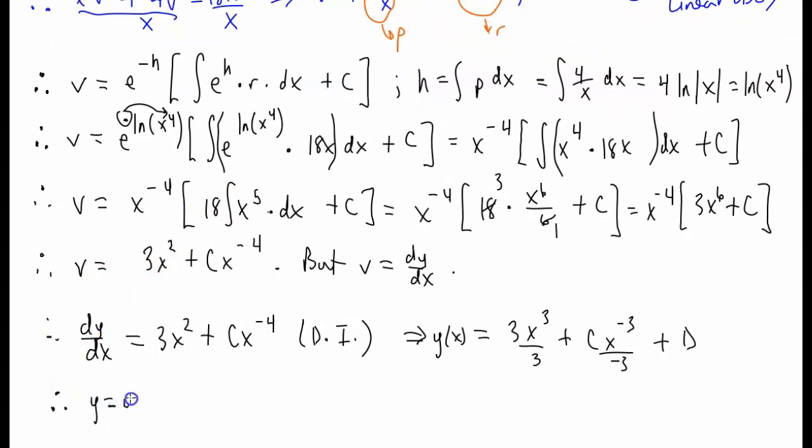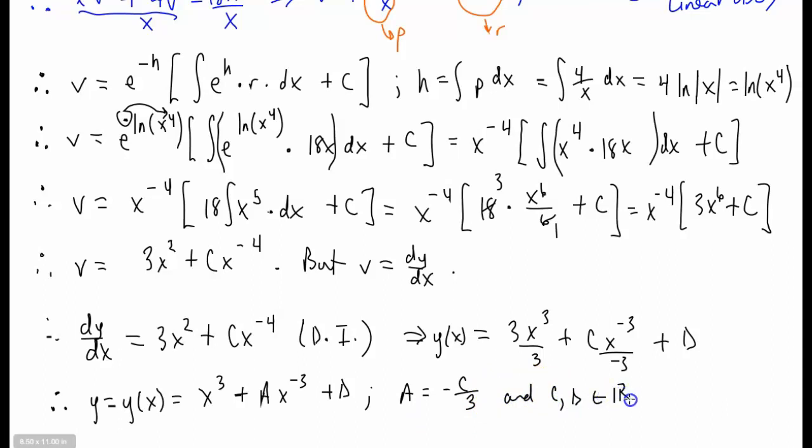So y, which is a function of x, is going to be x cubed plus, I'll say a here, x raised to the -3 plus d, where a is going to be minus c over 3. And c and d are both real number constants.